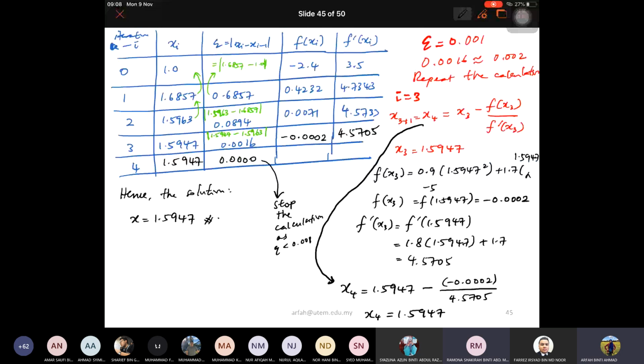Okay, ada soalan yang lain? Saya ada letak exercise lain dekat dalam slide. Awak boleh try untuk Newton-Raphson.